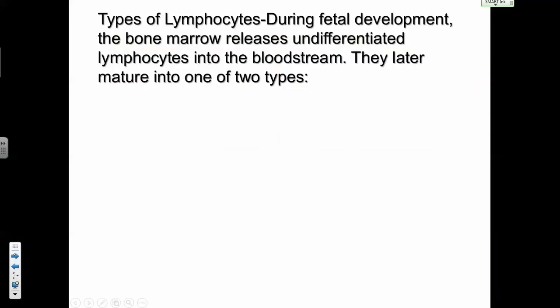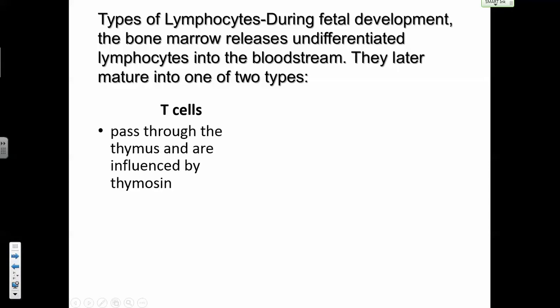I've mentioned to you on numerous occasions that you have different kinds of lymphocytes. Here we're going to talk about them just a little bit more. One type of lymphocyte is the one that's influenced by thymosin. This is the one that gets its boot camp training in the thymus gland because of thymosin and other things. They're called T lymphocytes or T cells. The kind of immunity they're involved in is referred to as cell mediated.